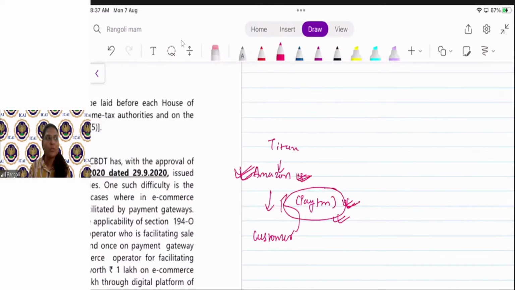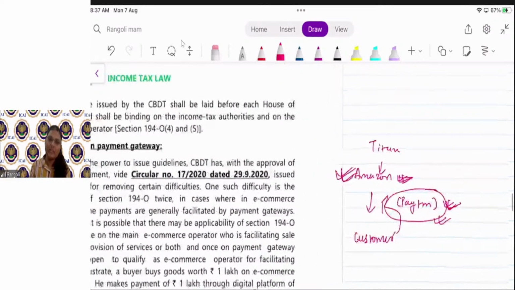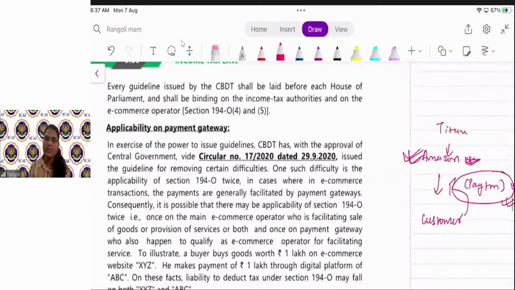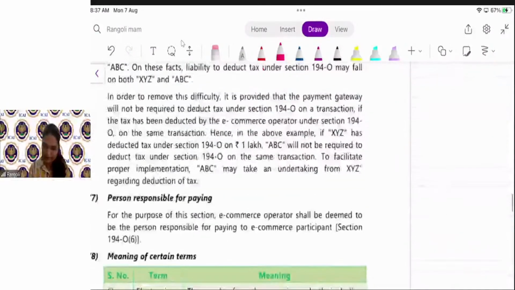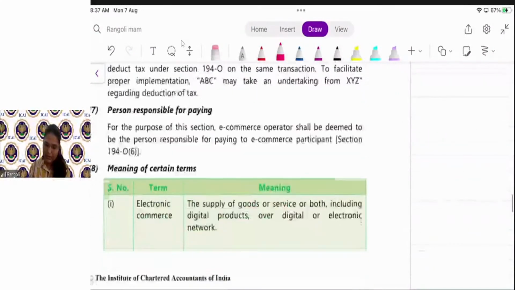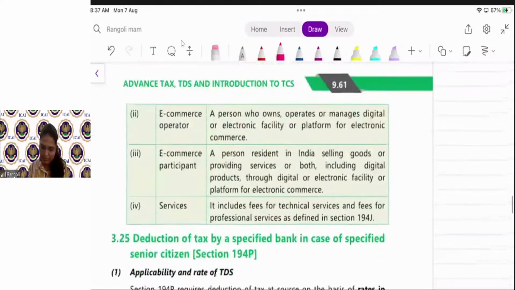Okay. So the government will provide a guideline that the payment gateways, such as Google Pay, UPI, Bharat Pay, are not required to deduct TDS if the e-commerce operator, that is Amazon, will deduct TDS. Okay, here the meaning of e-commerce operator and participant is given, which we already know.